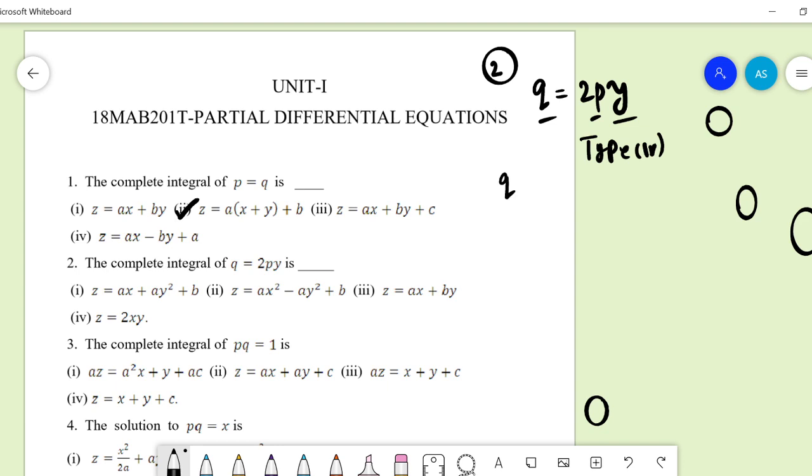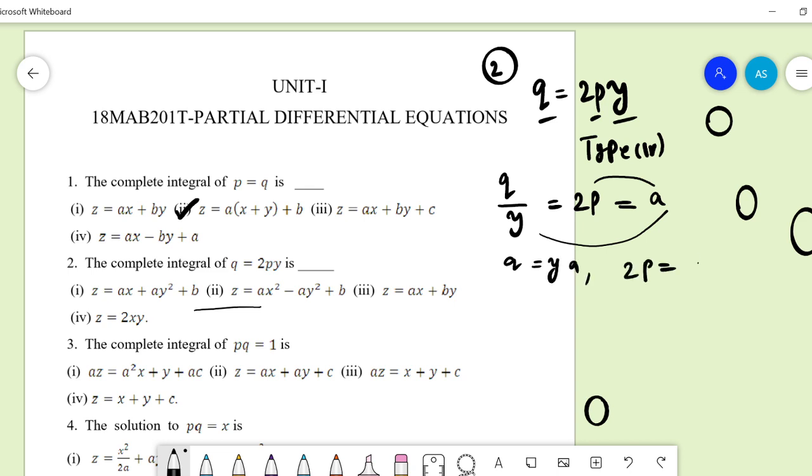So q divided by y equals 2 times p, which can be equated to the constant, either k or a. Here they are using the constant a, so that's why I am taking a. So compare: q by y equals a, 2p equals a. So q equals ya and 2p equals a.